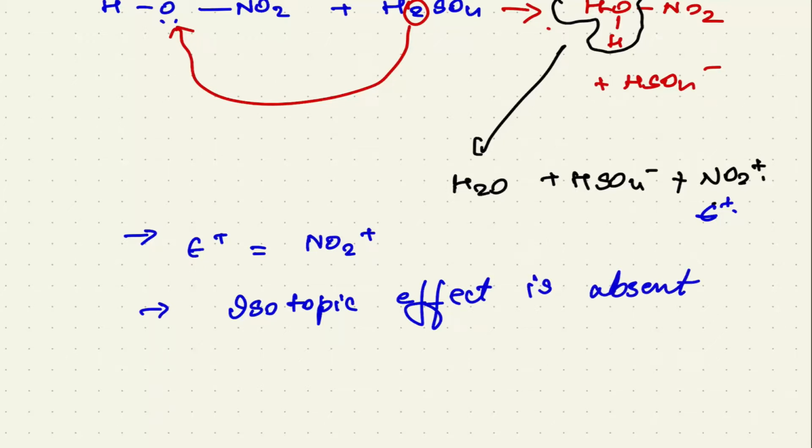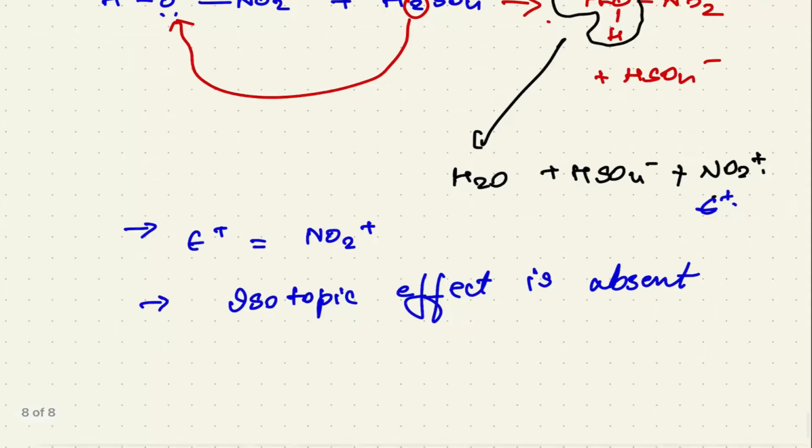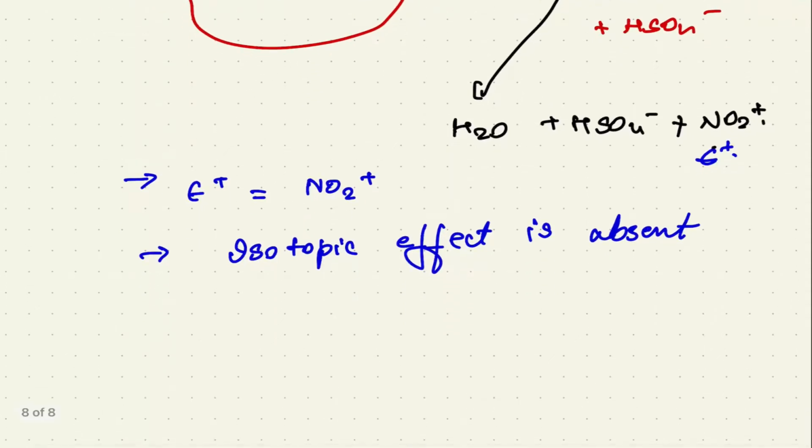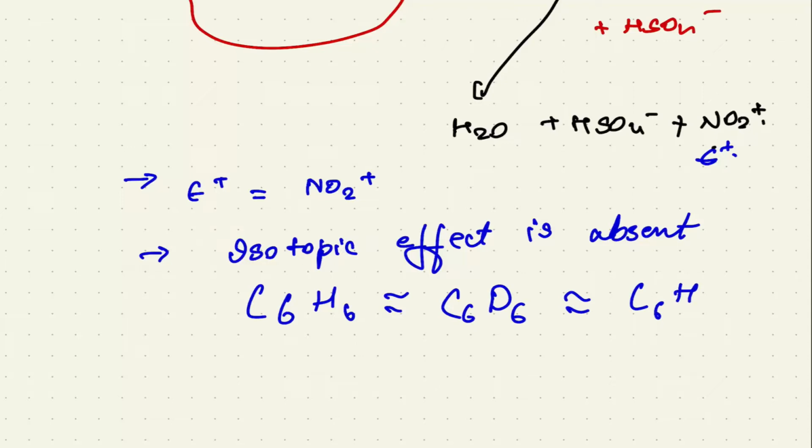Why is it absent? Because you have observed that the reaction is not reversible. It is not staying in equilibrium at every stage. So this shows that the isotopic effects are absent, so the rate of reaction is the same for all types of isotopes of hydrogen.